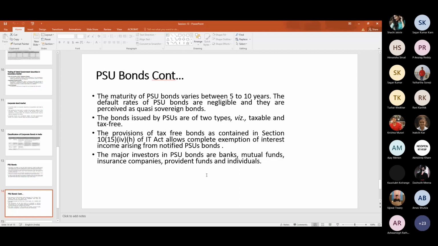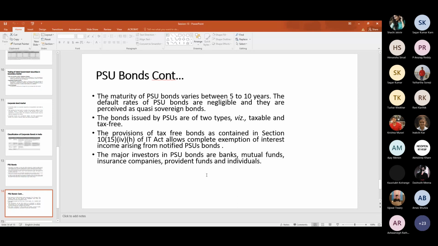Some bonds issued by PSUs are taxable and some are non-taxable. The provisions for tax-free bonds under Section 10 of the IT Act allow complete exemption of interest income arising from the PSU bonds, but it will be mentioned beforehand whether a particular bond is tax-free or not.